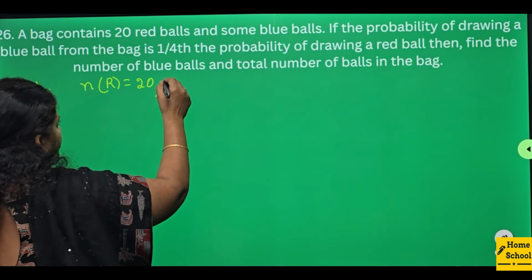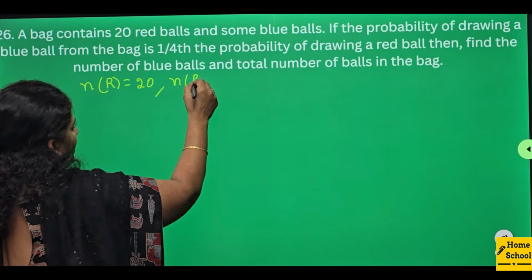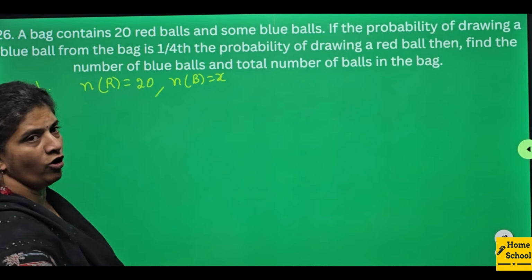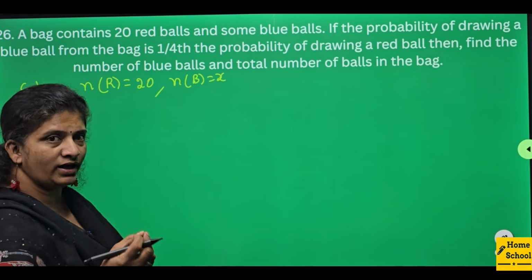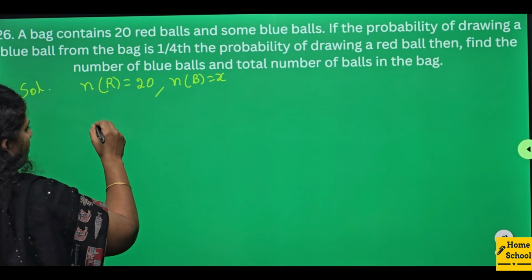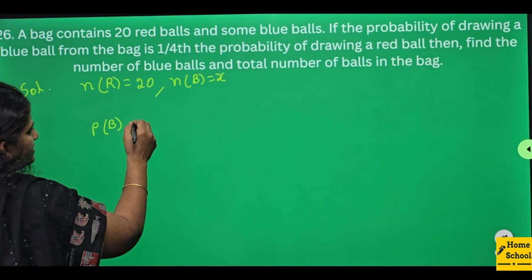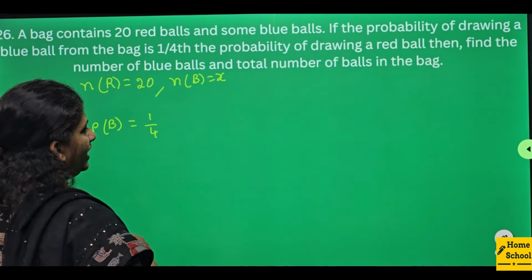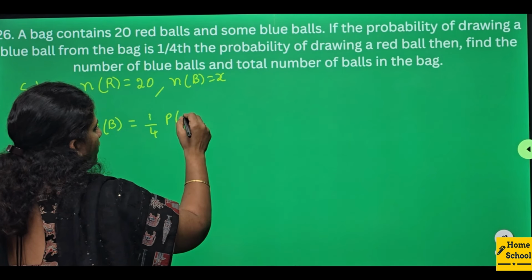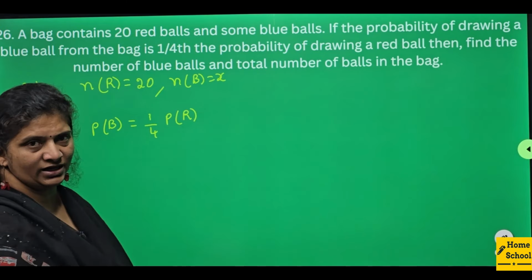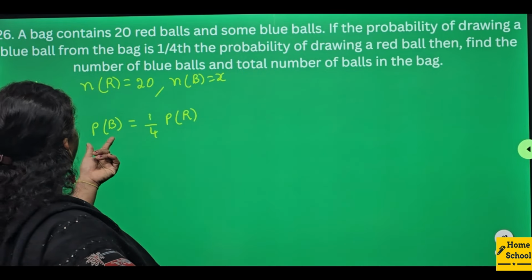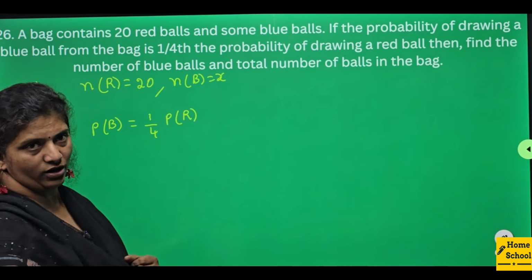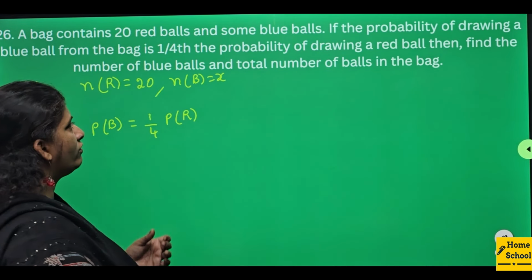So let us assume number of blue balls be X. The probability of drawing a blue ball, P of B, is 1/4 the probability of drawing a red ball, P of R. Find the number of blue balls.